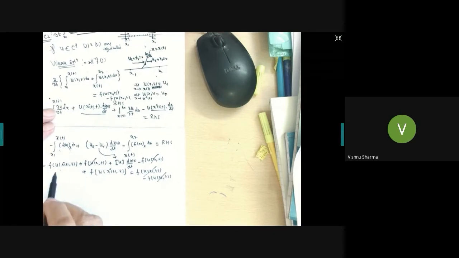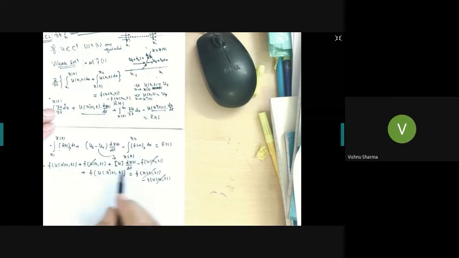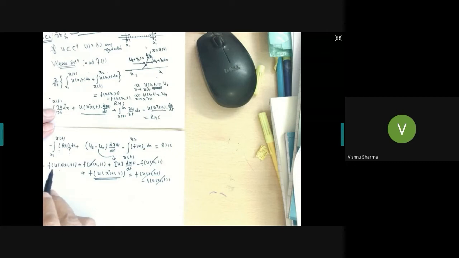This is nothing but f of ul, I will say that it is the flux function on the left. So this is the jump in f, I would say: this is on the left and this is the value evaluated on the right. So I will write this as minus the jump in f. Is it all right?